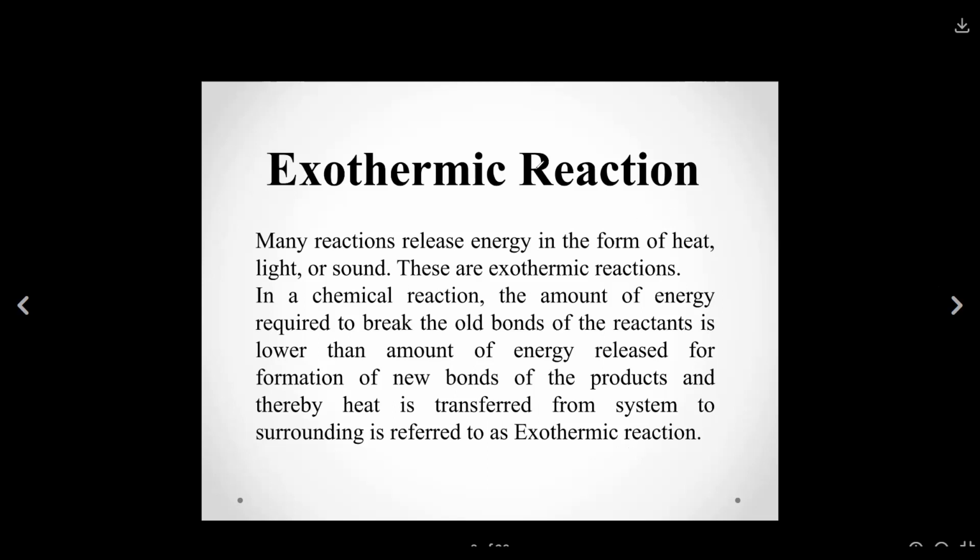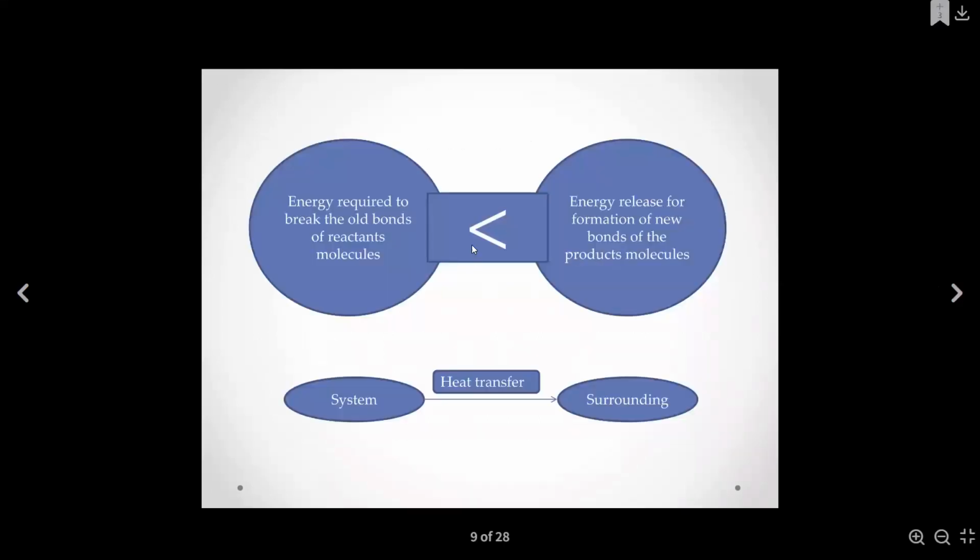So that is that for the exothermic reaction. And then the next thing that we are now going to talk about is endothermic reaction. You see, this is a typical example when we are talking about the exothermic reaction. Look at it, the heat energy required to break the whole bond of the reactant molecule is less than the heat released for the formation of new bond of the products.